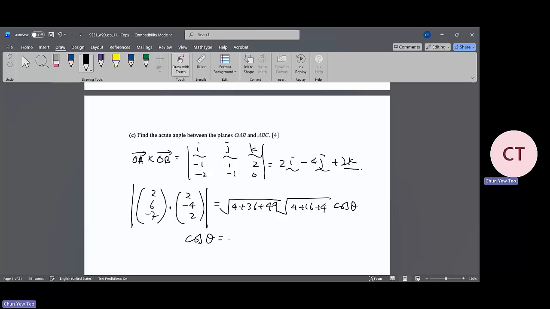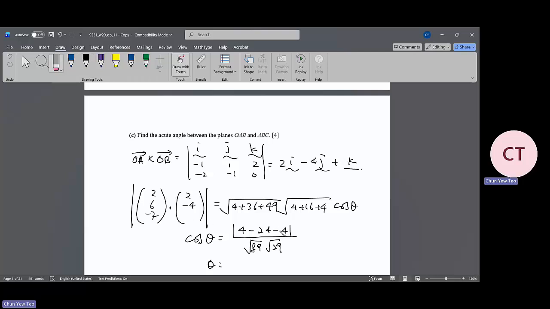So your cos theta will be the modulus of 4 minus 24 minus 14, divided by the square root of 89 and the square root of 29. I made a mistake, sorry for that. This is a 3.